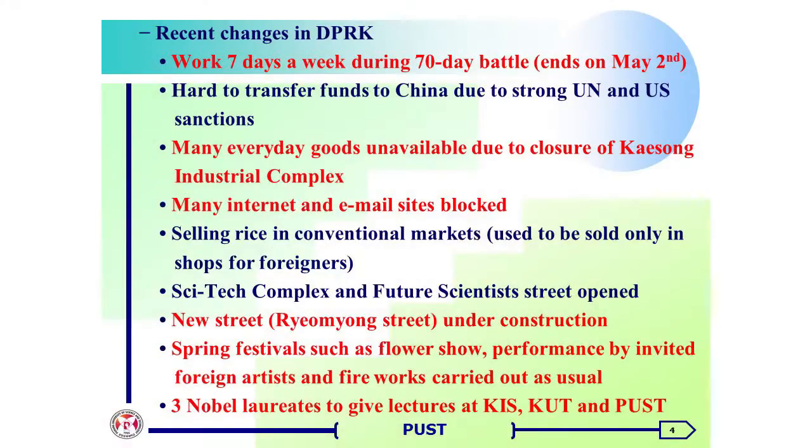But this time it stopped. So I thought North Korea stopped it. No, it was stopped in South Korea, because anything coming from North Korea to South Korea, internet or email, they stopped. But I found a way to get into POSTECH, so I was doing all right. Okay, then the SciTech complex and the Future Scientist Street opened, and the new street, Ryomyong Street, is under construction.